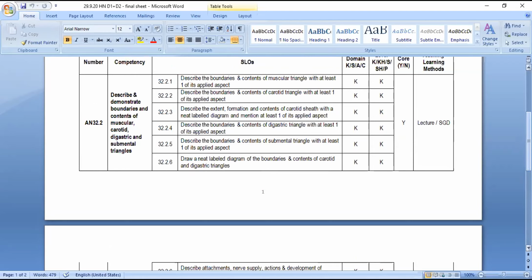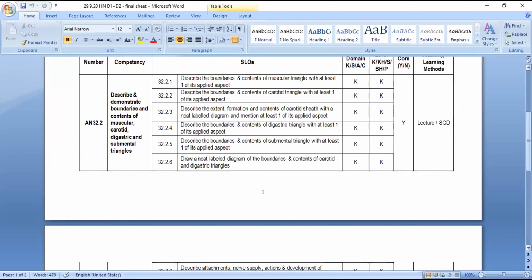There, if we can find ansa cervicalis specifically mentioned anywhere, probably we could have included it. Because for SLOs, for a first year student, just knowing that something called ansa cervicalis is there is, I think, enough. They don't need to always identify and tell us, because we don't take it as a must know area. We have never taken it as a very important point while going for examinations and the identification part.